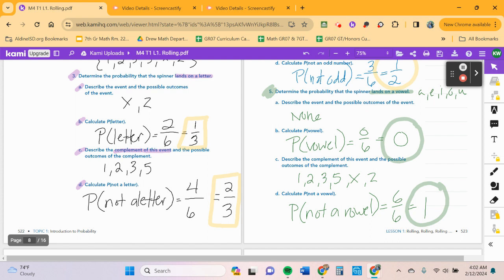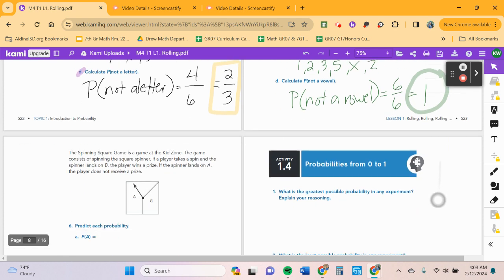And then the complement of that is the opposite. So the probability of the spinner landing on something that is not a vowel is 6 out of 6 because all of those outcomes are not vowels. So 6 out of 6 then simplifies to be one whole. And what's 1 plus 0? It is 1. So we know that our complements are correct.